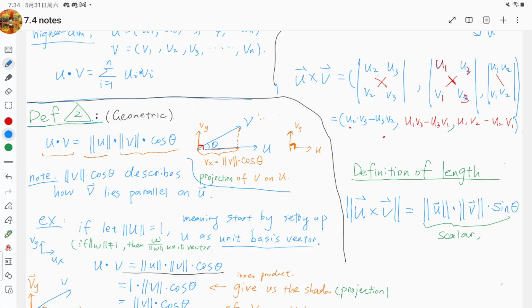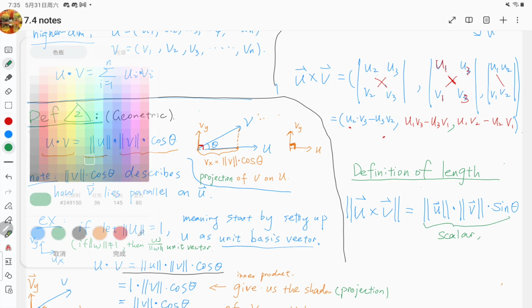In physics or elsewhere, if you imagine v as, say, a velocity, we can always decompose v into directions in the standard coordinate system, like the horizontal direction, which I call vx, right?